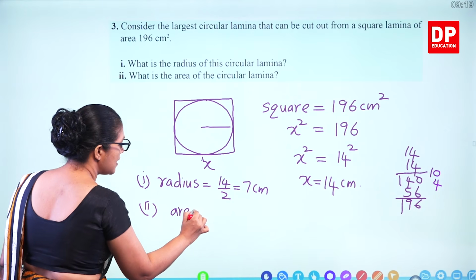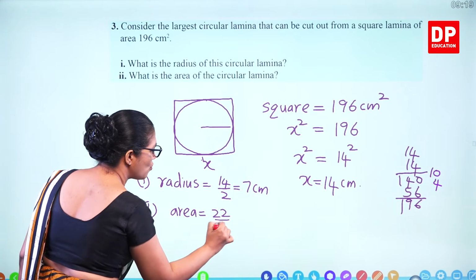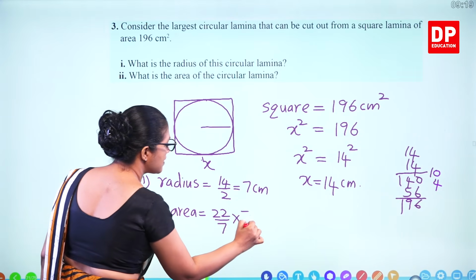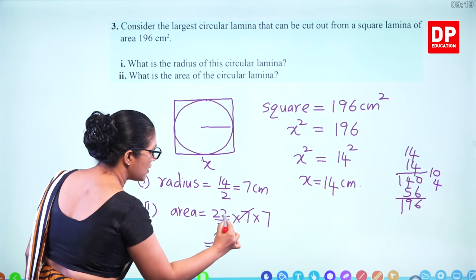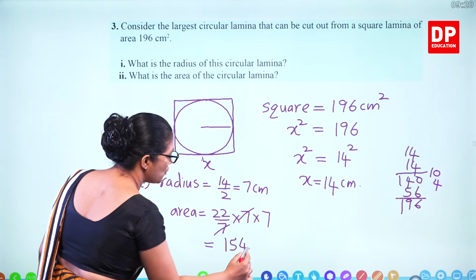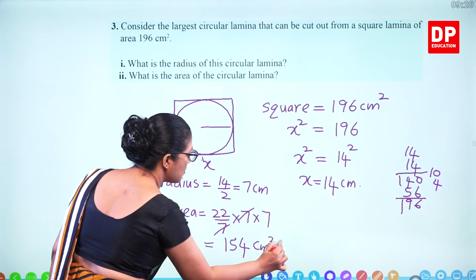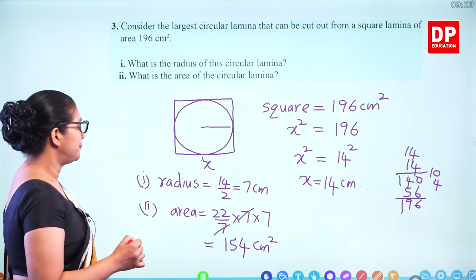Area is pi r squared. Pi 22/7, r is 7 and 7 again. So 7 times 2, 14 and adding, 154 square centimeters is the area of the circular lamina.